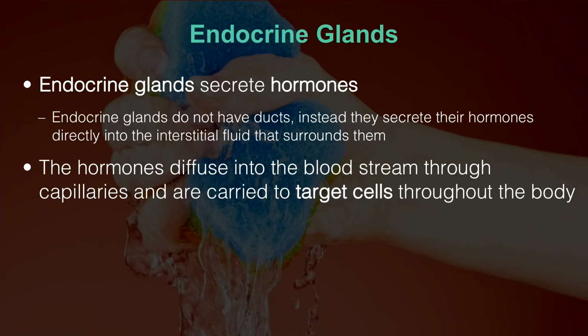There are exceptions to this rule, and I'll show you those. But the large majority will release hormones into the blood through diffusion. And hormones will be carried along by the blood until they reach their target cells and exert their influence.